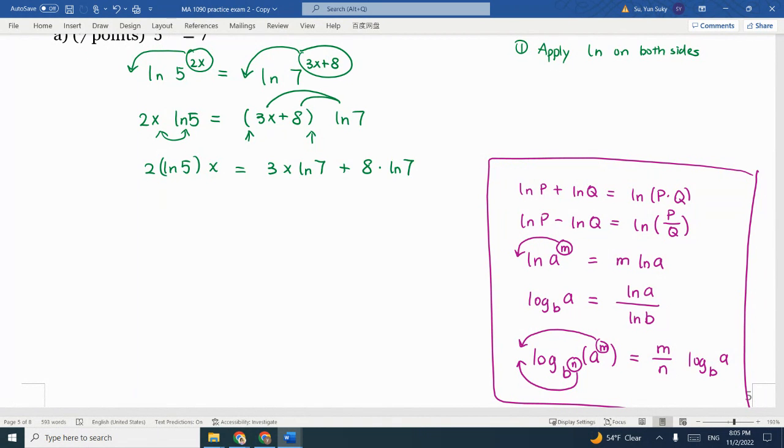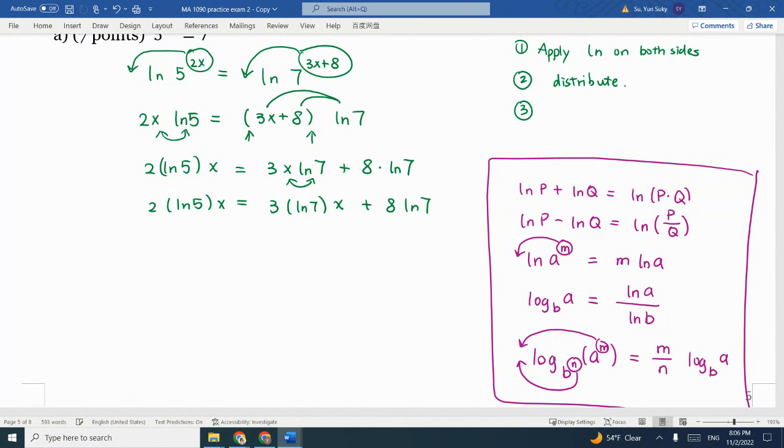And we can also switch the position of x and ln of 7 because this is multiplication, and multiplication is commutative. Now we can put 3 ln of 7 together, and then that's x, plus 8 ln of 7. So the second step, we distribute, or multiply out.